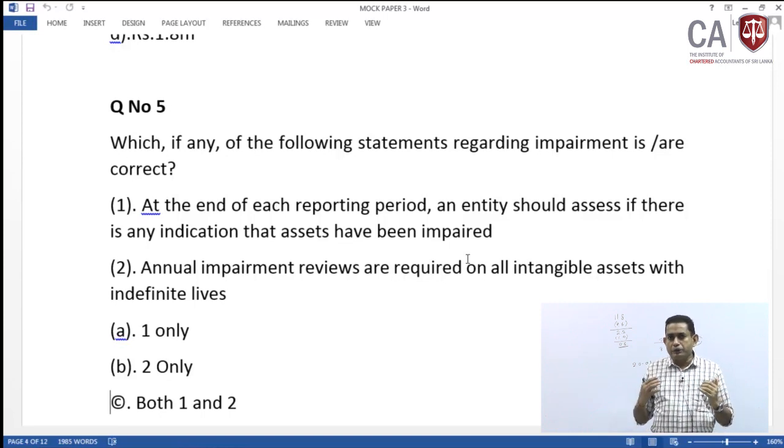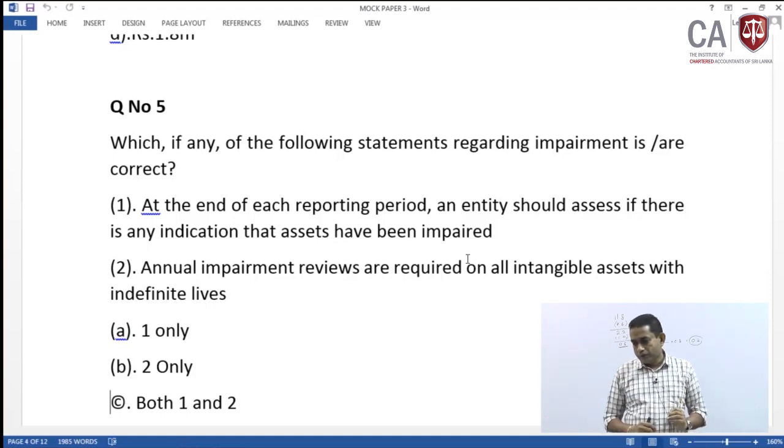So, there are reasons why annual impairment reviews are required for these three assets, and you need to refer to the standards. I can't explain the reasons right now. So, the second statement is very clear, it is true.